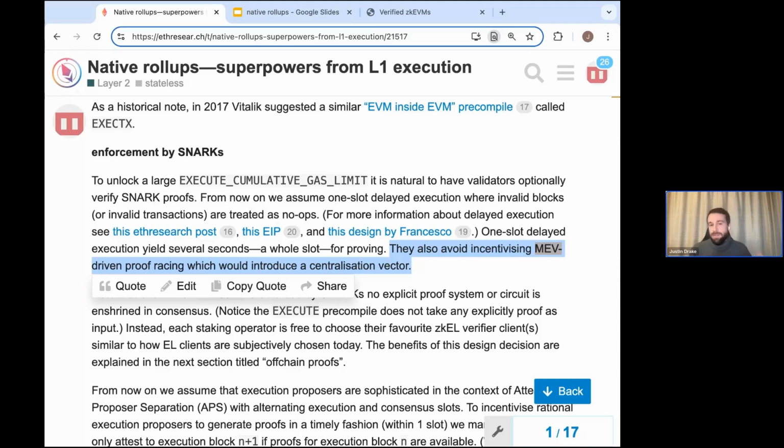That is a centralization vector where the most performant prover gets to collect the most MEV, and then they become even more performant and collect even more MEV. Instead, by delaying the state root by one slot and giving everyone a whole slot to do the proving, that's a fair playing ground, and everyone should be able to do the proving within the whole slot.